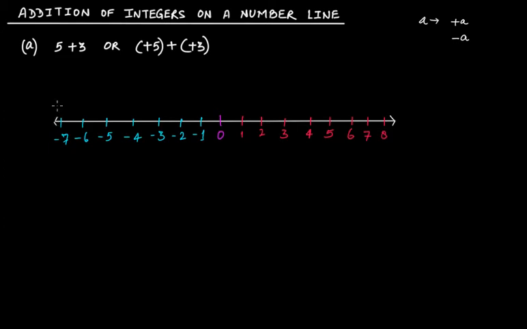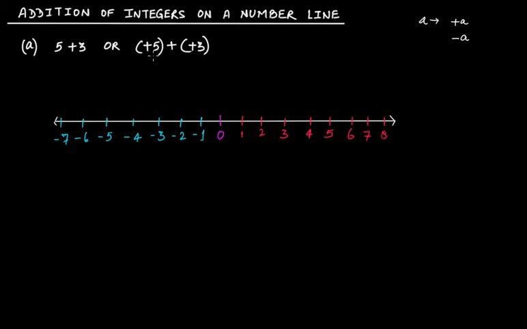To begin with, in any such case where you have to add numbers and you are using a number line to explain addition, always consider that you are standing at the 0 position.